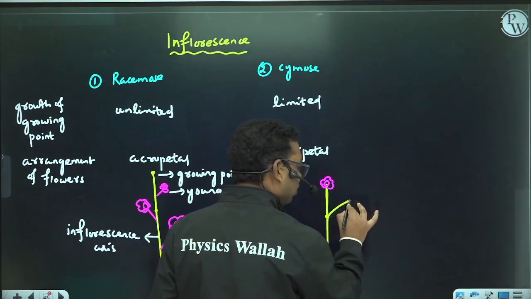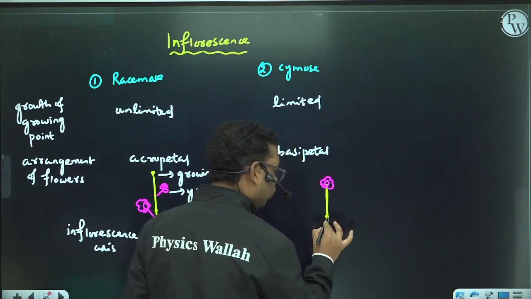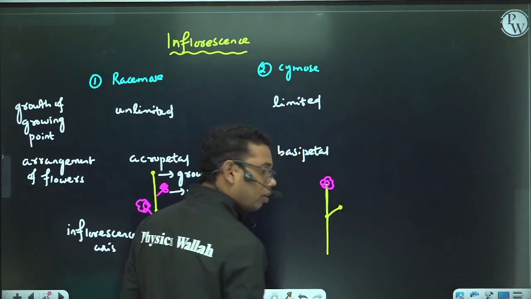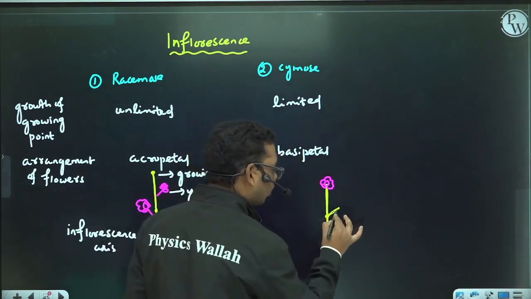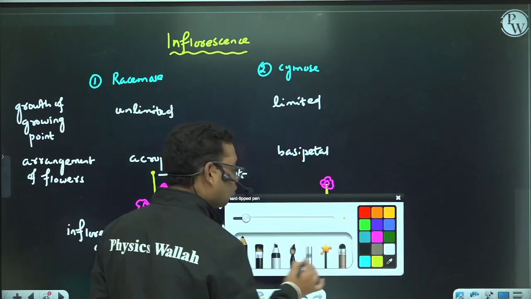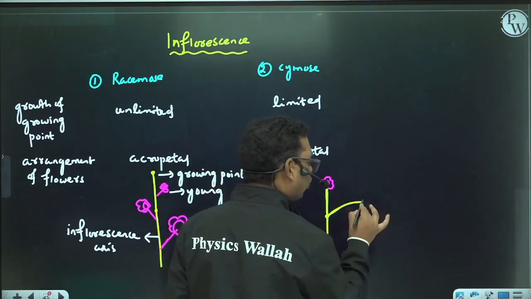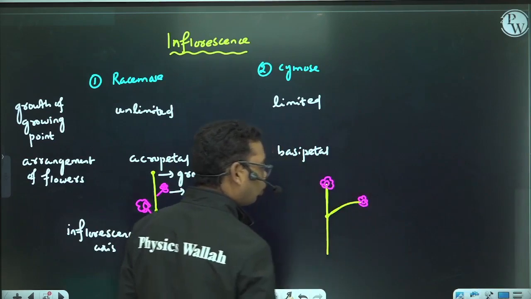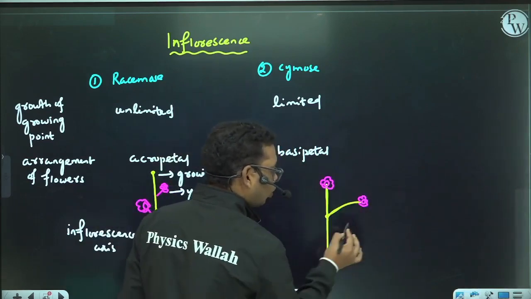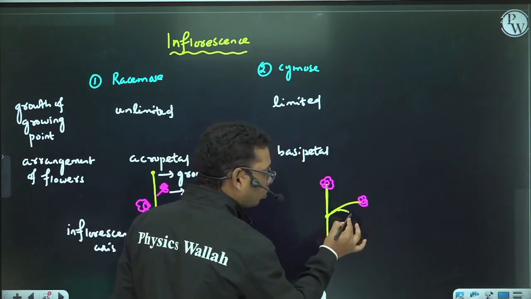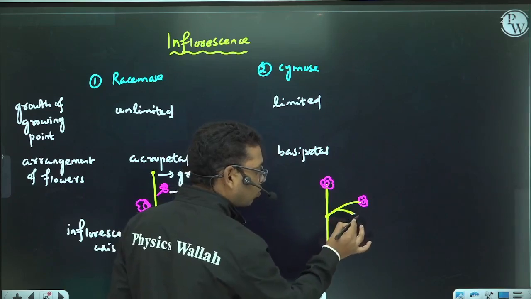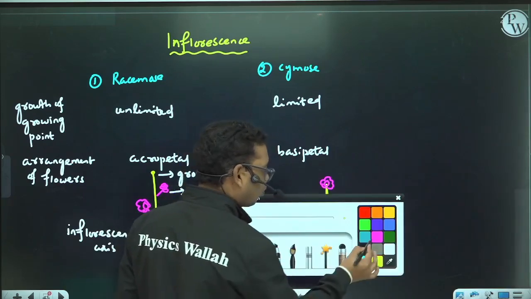When the branch forms, this is the growing point, and it will grow like this, ultimately stop growing, and form another flower. From this point another growing point will develop, grow like this, and finally convert into a flower.